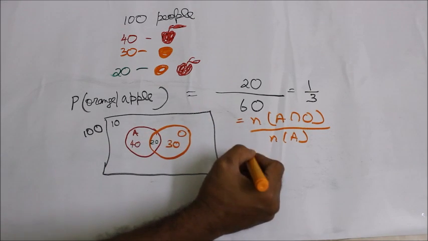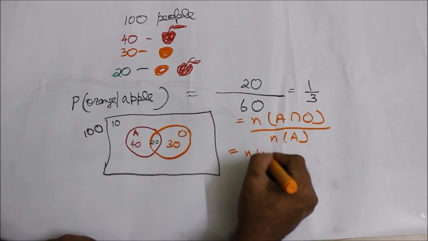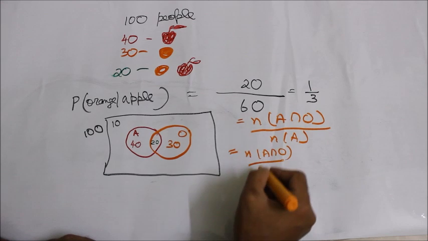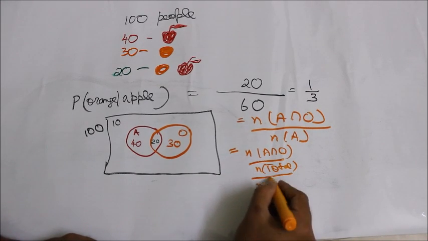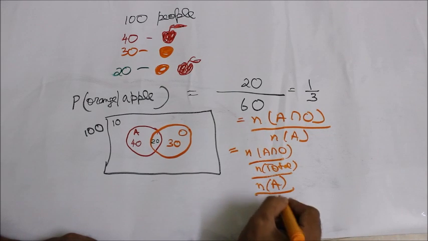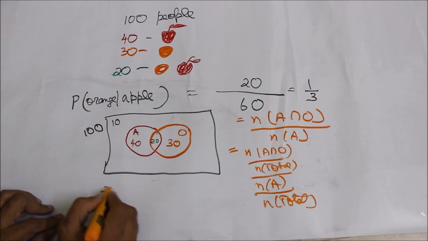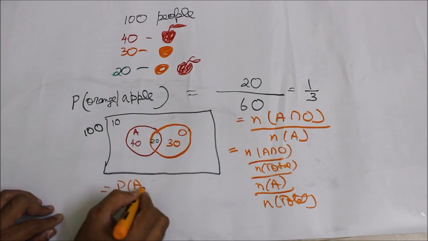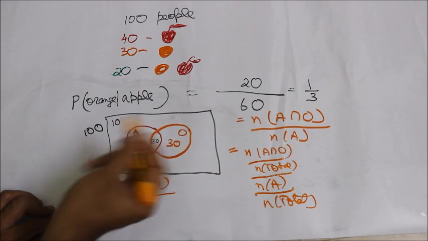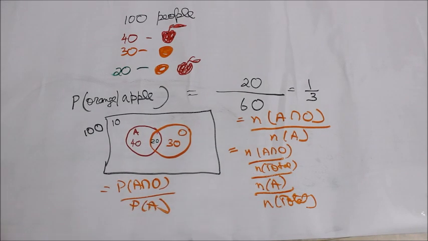Now dividing these both by the total number of people, the numerator and denominator, this essentially becomes the probability of A intersection O, apples and oranges occurring, divided by the probability of only apples occurring.